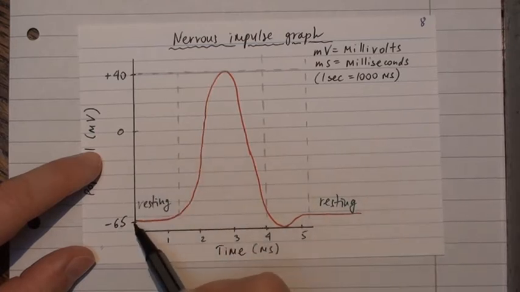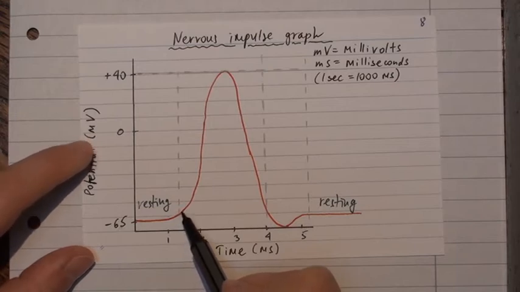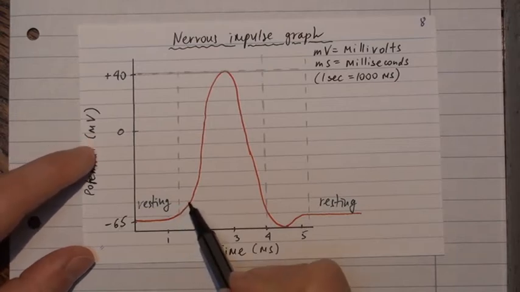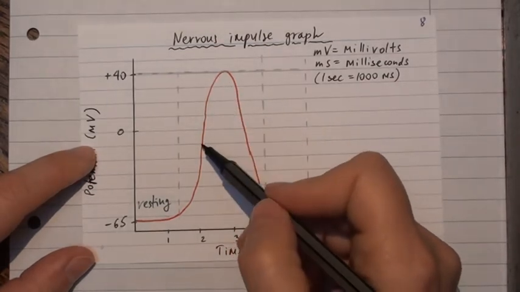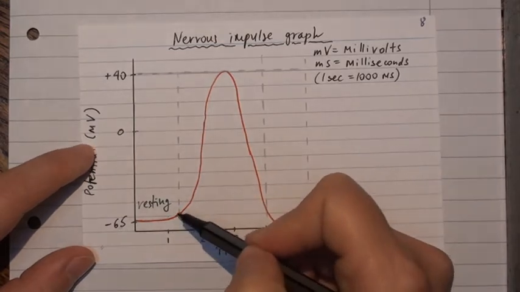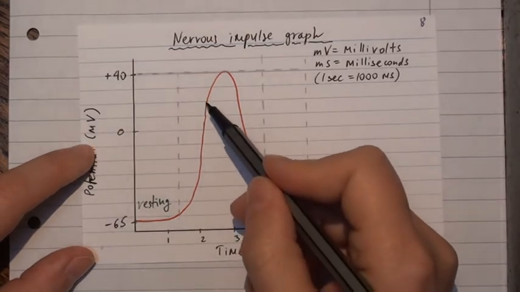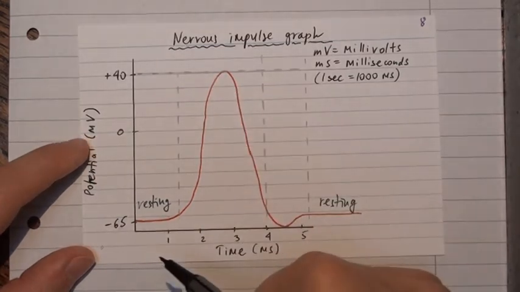So here you've got resting potential, and right at this point you can see that the graph is starting to climb. So why is it starting to climb? Because I've opened my sodium ion channels, and this resulted in a flood of sodium ions onto the inside of the membrane, and that brought the reverse of the potential.